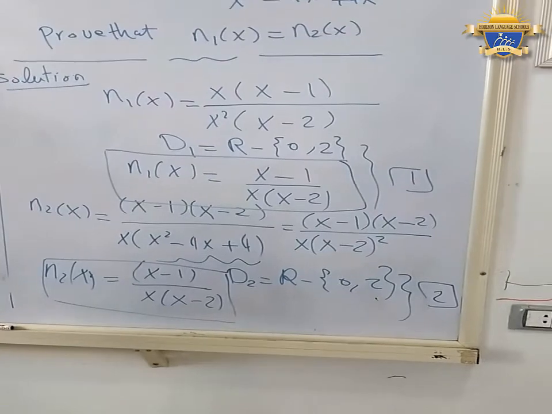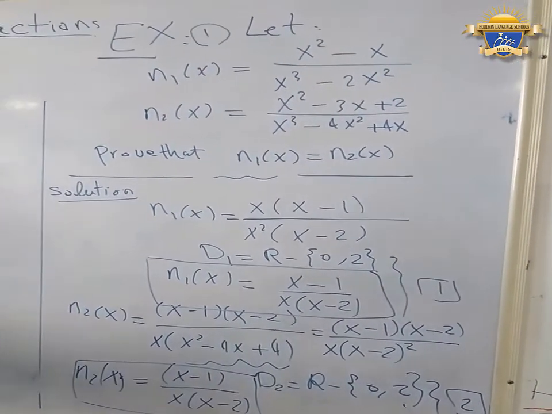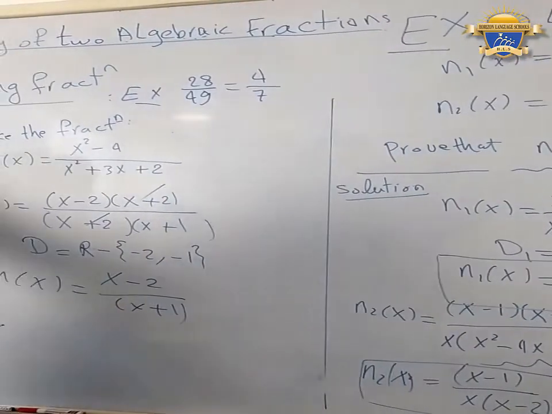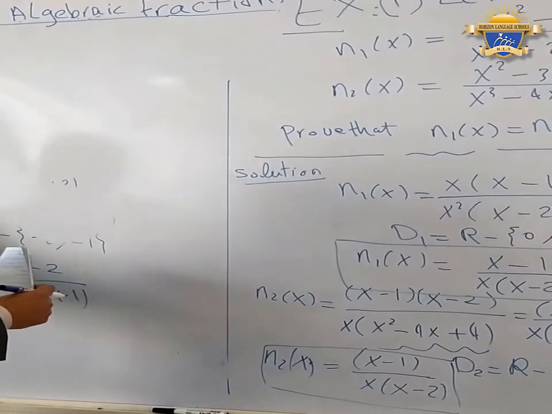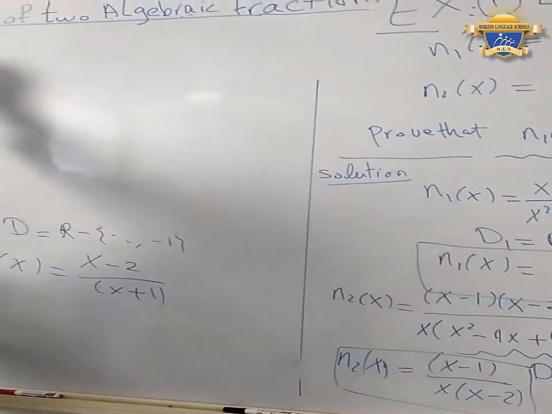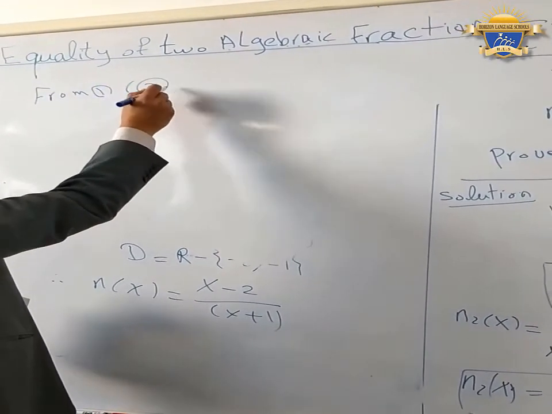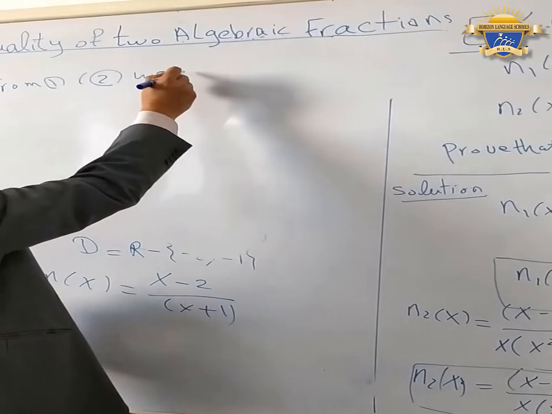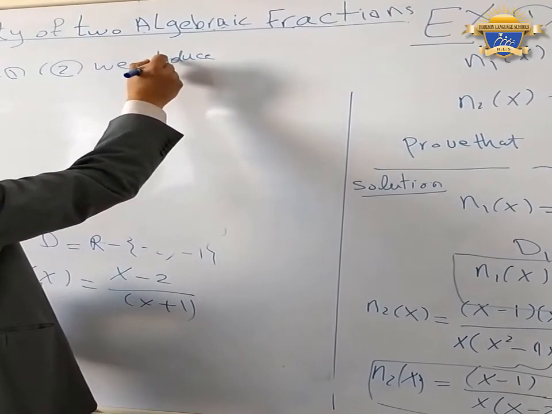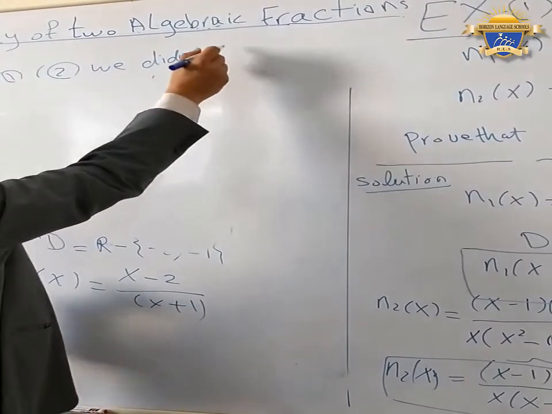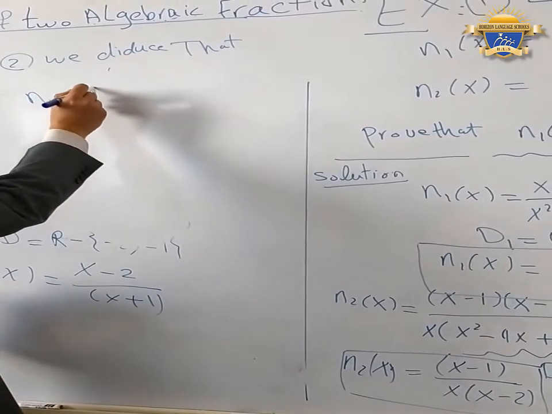From 1 and 2, we can conclude that n1 of x equals n2 of x.